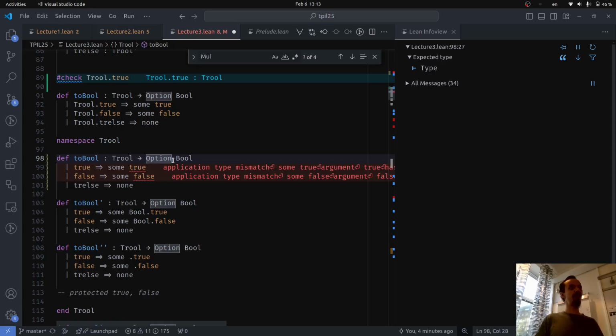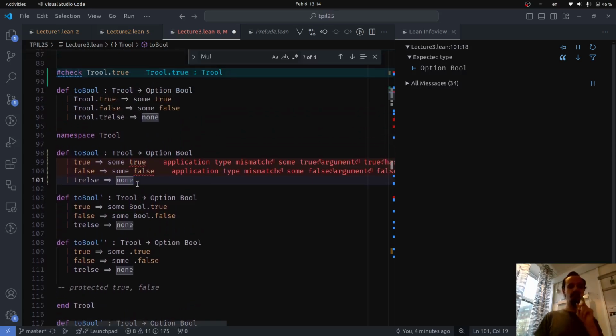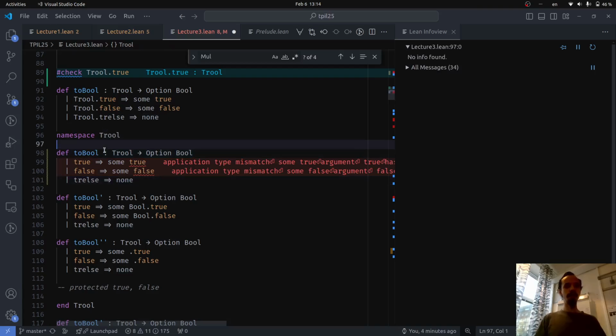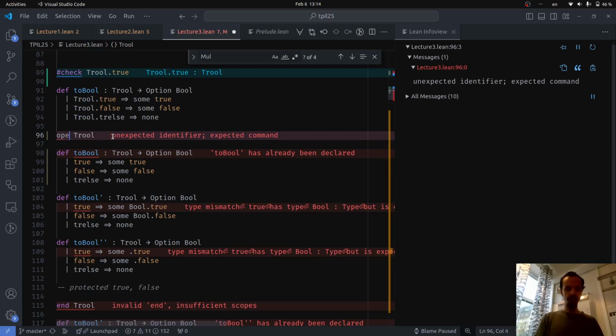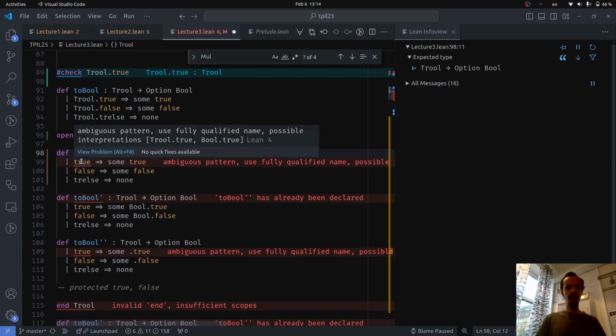Question? Is it possible to make it guess which namespace to use based on the type? Excellent question, and there are several ways you can do this, actually. Let me give one version of this. If instead of a namespace we use open, we get an ambiguity.